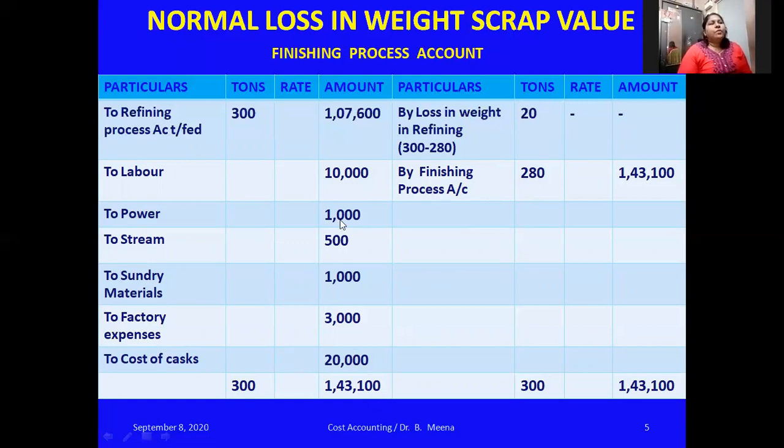Then as usual, we close the debit side amount, 1,43,100. Since no amount is credited, this will be the value of the cost of the output of the last process.